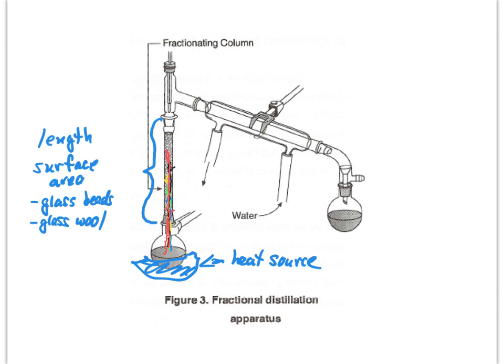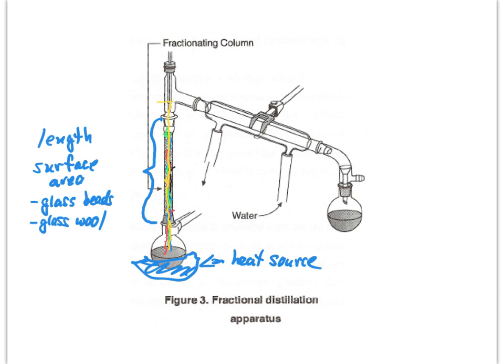And so it just keeps going on, right? It runs into and then runs back down. And that keeps going on until we get all the way to the top of the column. And then once we get to the top of the column, our vapors reach our thermometer bulb.